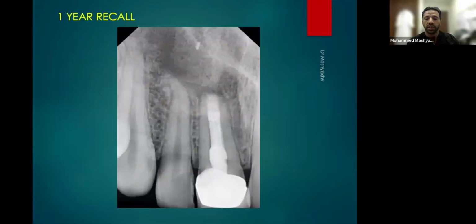The message from here is that you need to have a retreatment at the beginning, and have a good obturation before you perform a surgery. Otherwise, if you're stuck in a case like this, where the patient cannot afford it, he already has a crown, he will lose everything, then you can give him surgery as a temporary solution, but you tell the patient that one day this will leak or some problem will happen, so he can be ready for that, okay?